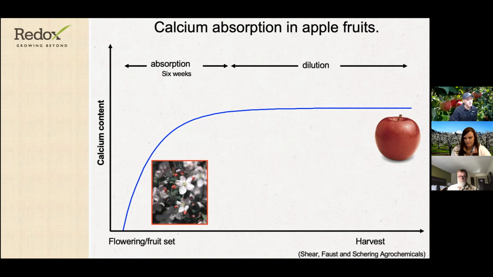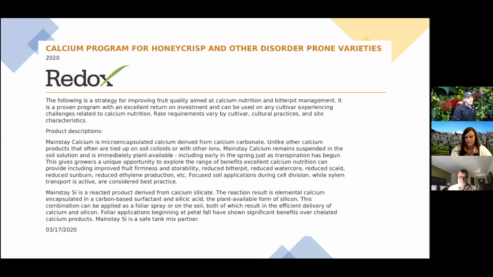Then if we apply calcium later in the season on the soil, it's at reduced rates. And this has been very effective. So we've taken this concept here in Washington State and developed a program. And we started with this specifically.